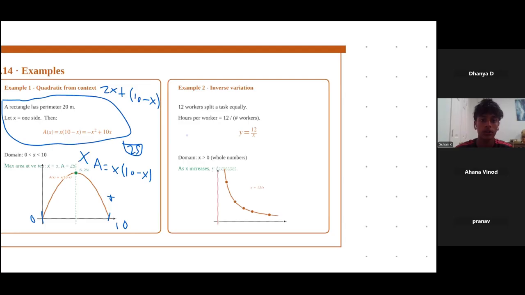Okay, 12 workers split a task equally. So if there was x workers, and the y depends on the number of workers. So y is going to be the time each worker spends, which gets reduced as there's more workers.